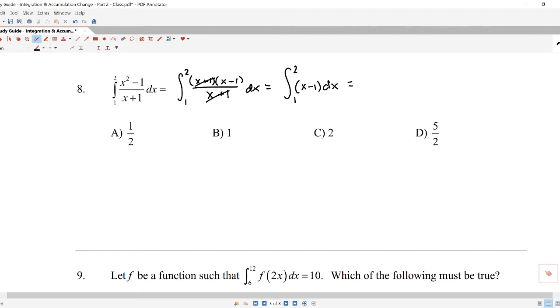Technically, I could substitute and let u be x minus 1, but du is 1. So this does just integrate very nicely on its own to just be x squared over 2 minus x evaluated from 1 to 2.